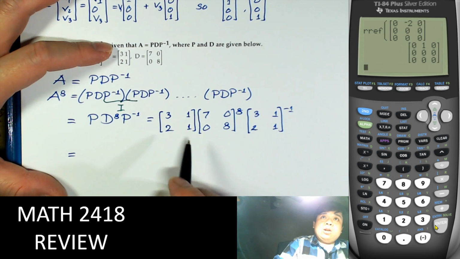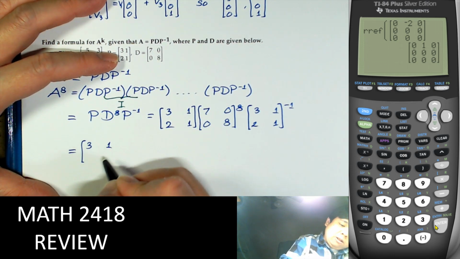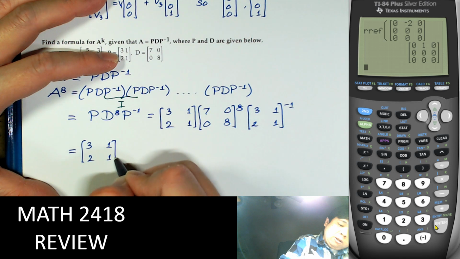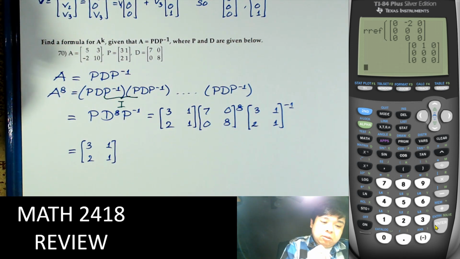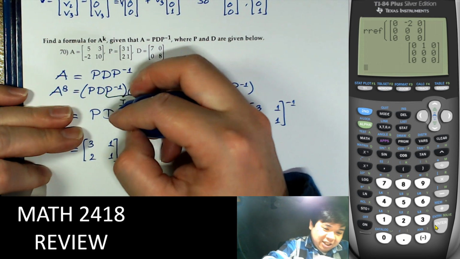Right, so P is just that. Just to the k times, not the a times.